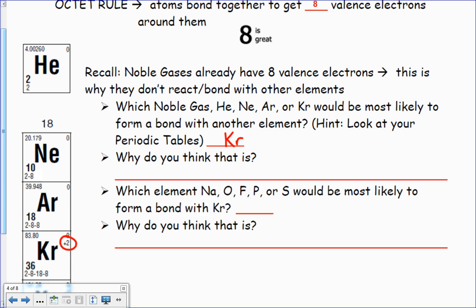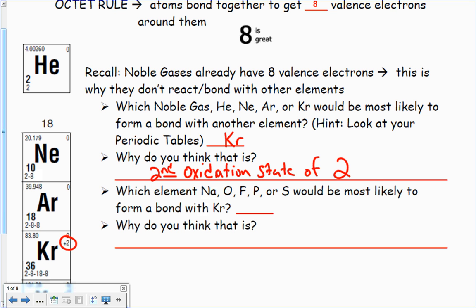Why do you think that is? It has an oxidation state of 2. And it's not the first oxidation state, it's the second oxidation state. So does it normally form a bond? No. Extreme circumstances could make it happen.